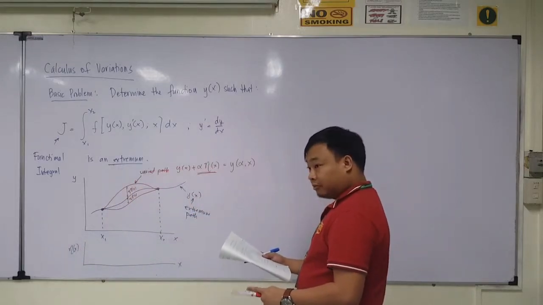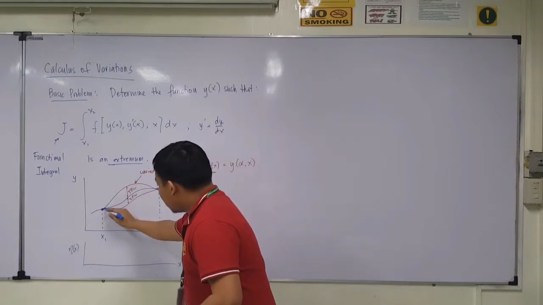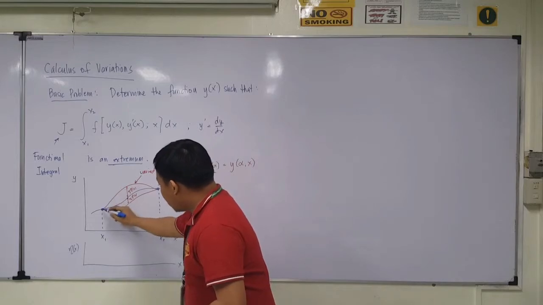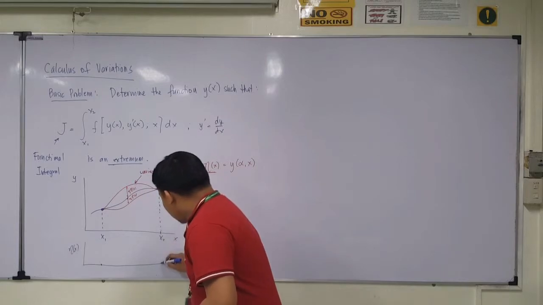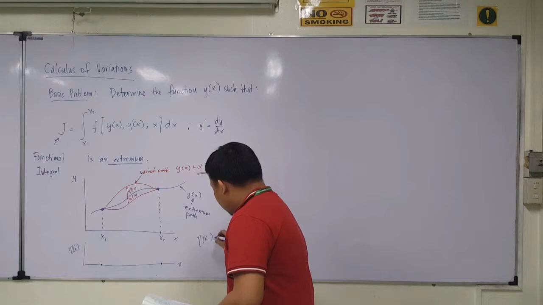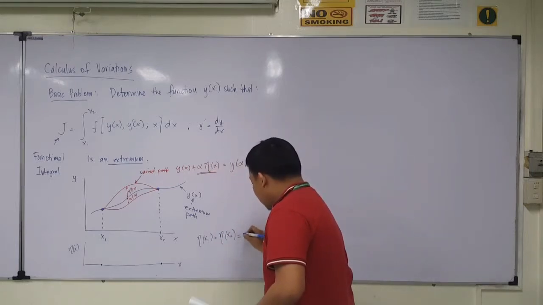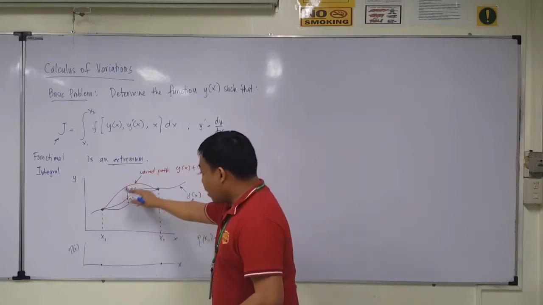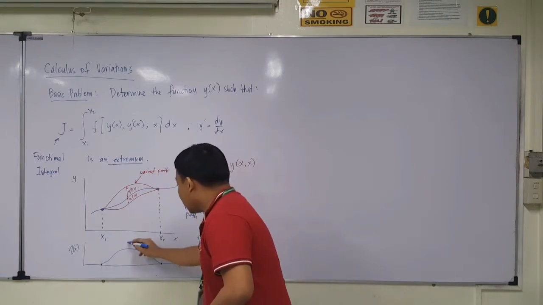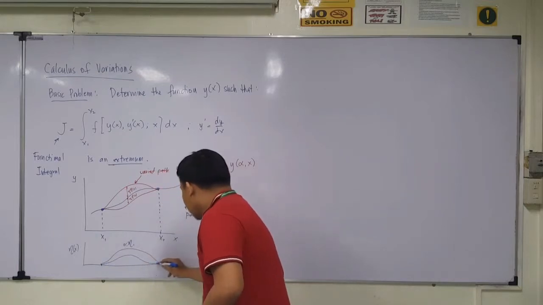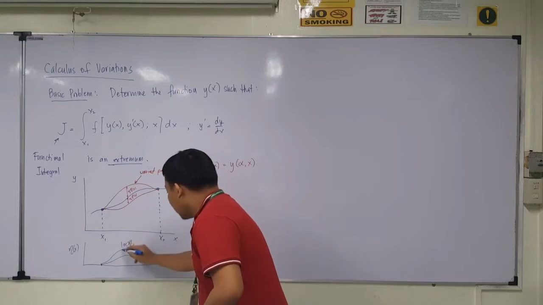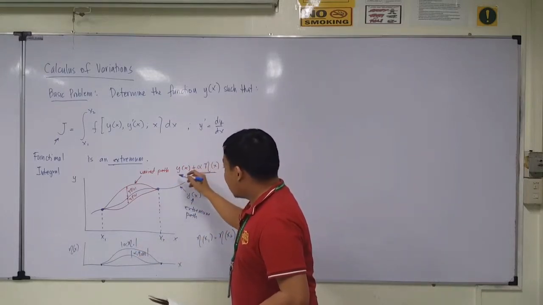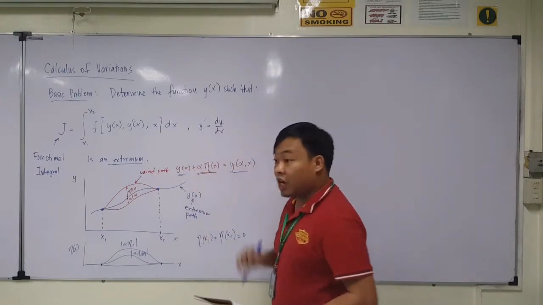The difference between the varied path and y is alpha nu of x. At x1 and x2, nu of x1 is equal to nu of x2, and they're equal to 0, because there is no variation at x1 and x2. But once you progress from x1 to x2, the variation increases in such a way. Let's say this is alpha 1 nu 1, and this is alpha 2 nu 2. Here we're taking the absolute value. The goal is to minimize this variation in order to get our goal function from this varied function.